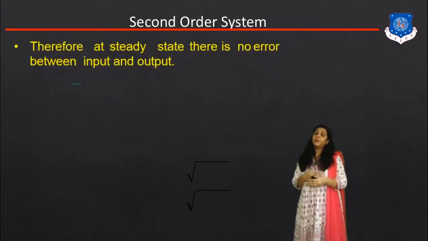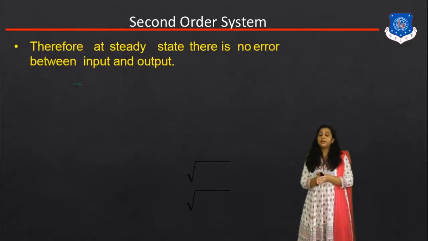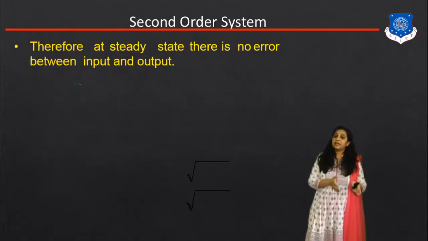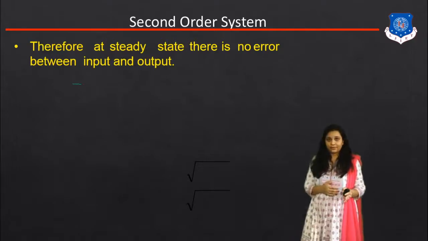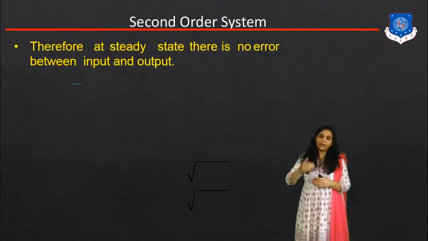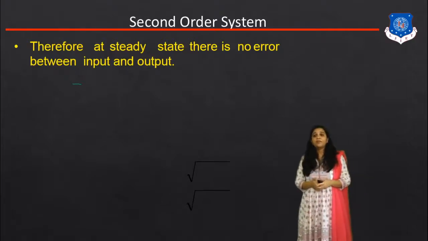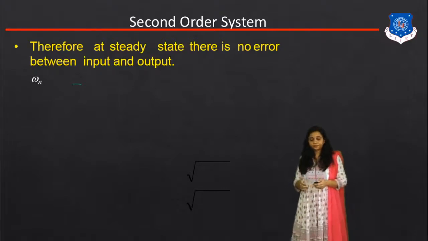So depending upon the different values of zeta, we get different errors. The error in the steady state response is known as the steady state error. As you know, in the transient response we can get the maximum error. If in steady state there is no error between input and output, it is the best response.